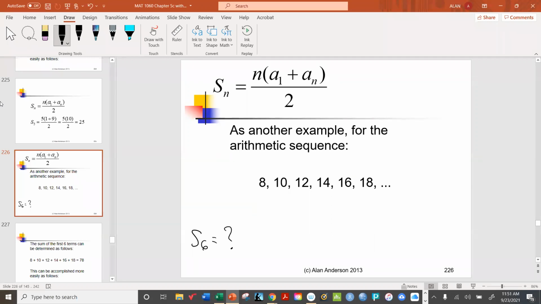So what you should probably do first is identify these variables. This is A1, this is A6.